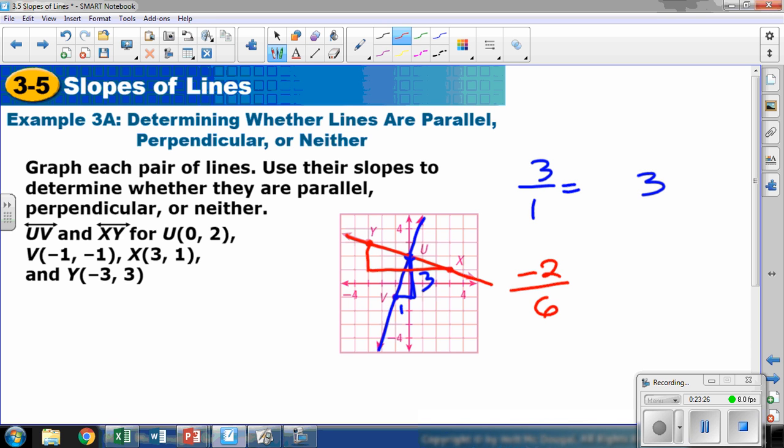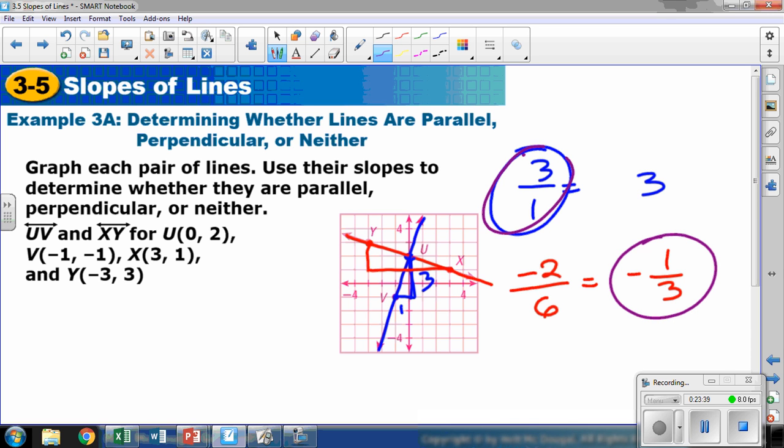That simplifies to -1/3. I'd like to ask you then, are those negative reciprocals, or opposite reciprocals? Yes, they are. Based on this algebraic evidence, we know that those lines actually are perpendicular. It could simply be a matter of whether you created a really pretty accurate picture.